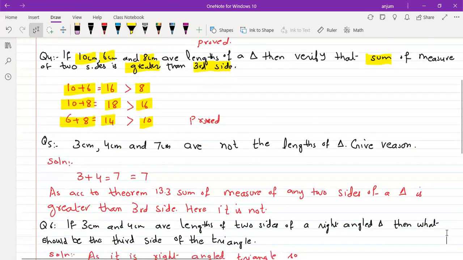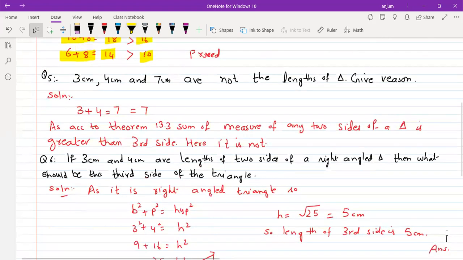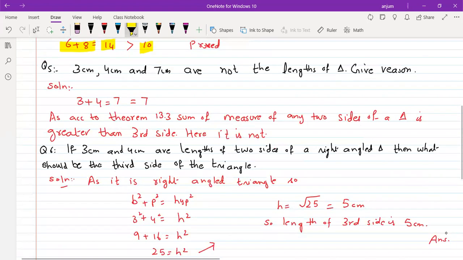In question number 5, they say to prove that 3, 4, and 7 centimeter are not the lengths of a triangle. Why? We have to give the reason for this. So as we add 3 plus 4, we get 7. 7 is equal to the third side, but it must be greater than the third side.